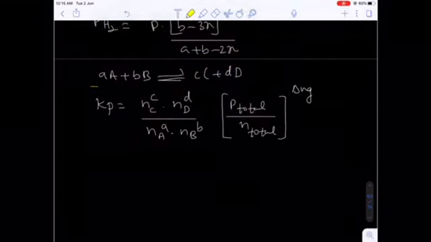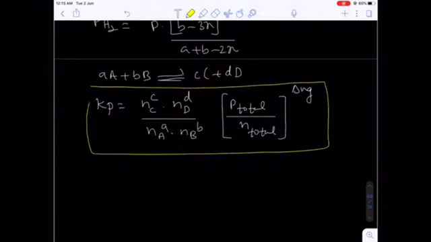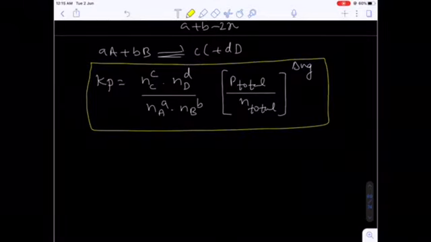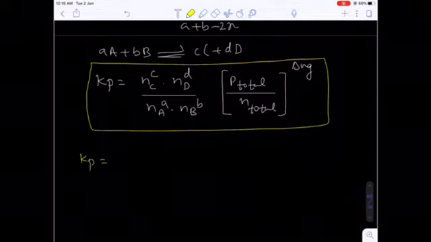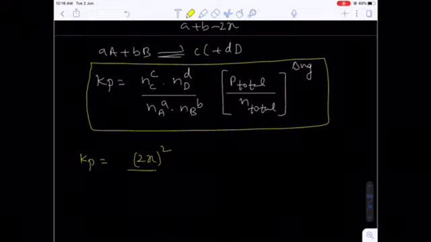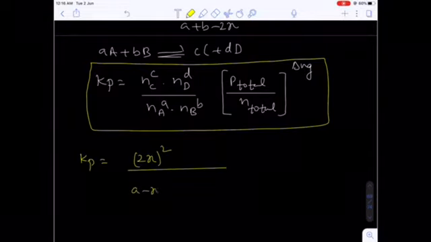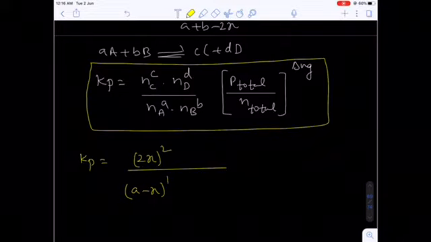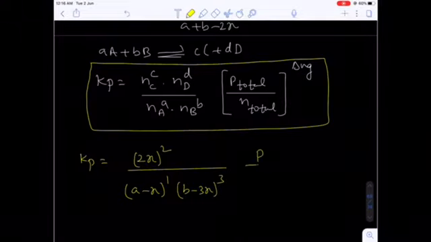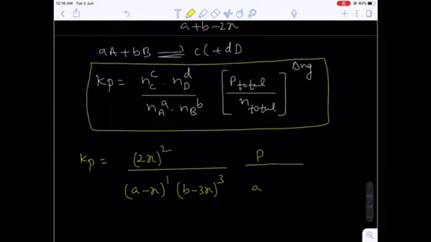Now according to which, this is very important, so remember this expression is very important, okay. Directly I am writing Kp is equal to, what is the number of moles of the product? Ammonia 2x whole square, stoichiometry whole divided by, now number of moles of reactants here, A minus x, that is the nitrogen, stoichiometry 1, and hydrogen, that is the B minus 3x, number of moles of hydrogen, and its stoichiometry will be 3, and the total pressure at equilibrium, let's suppose P. Now what is the total number of moles?